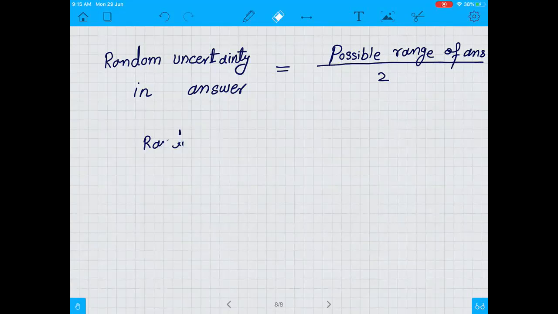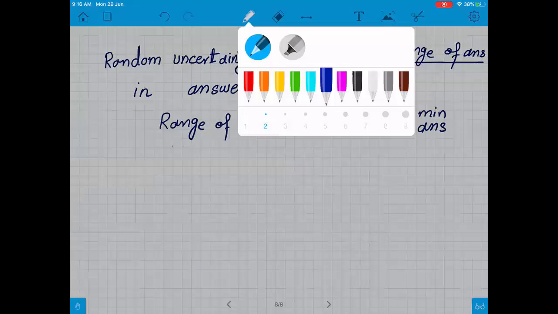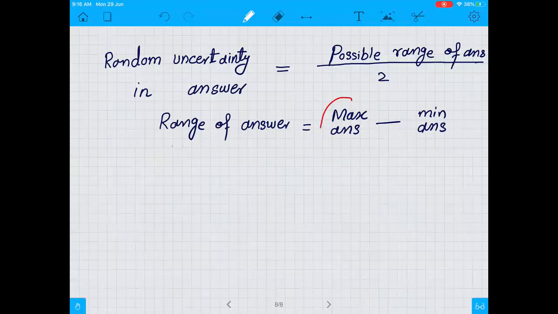Now, what is range? Range is basically the maximum possible answer minus the minimum possible answer. So the range is maximum minus minimum, the highest possible value. So to calculate the random uncertainty, first you calculate the highest possible value, then you calculate the lowest possible value, and then half of that is the random uncertainty with a sign of plus minus.